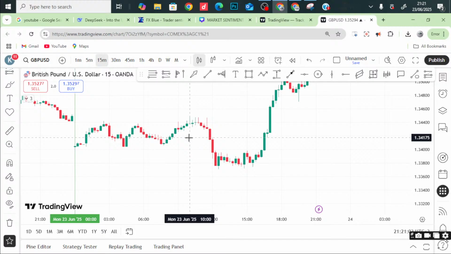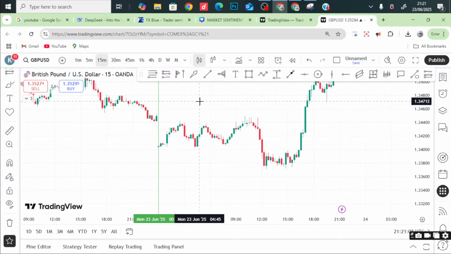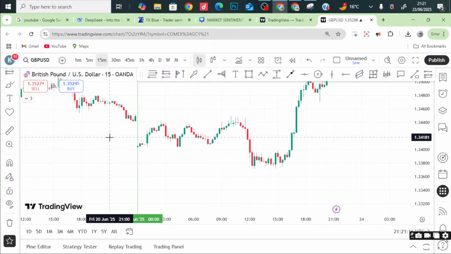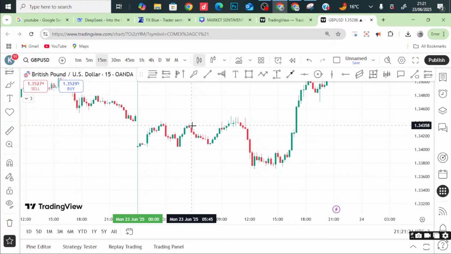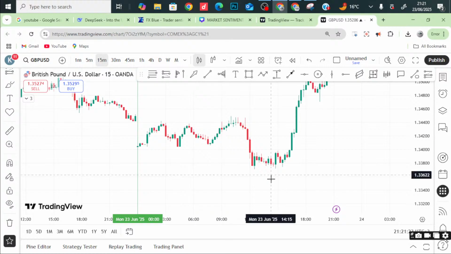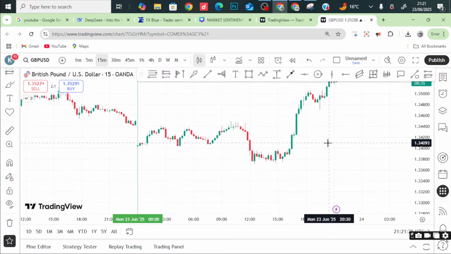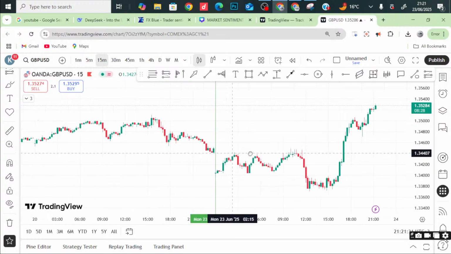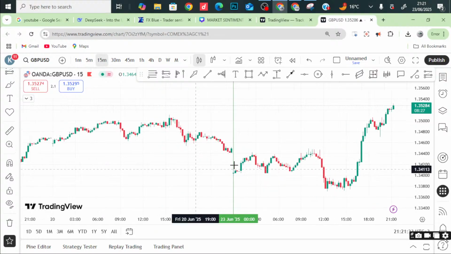So as you can see, that's how the market went. There was a gap created today. This gap had to be filled fast before the market started spiking down because of the Iran war with the US.